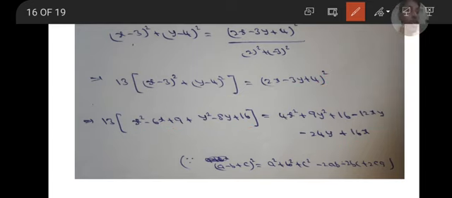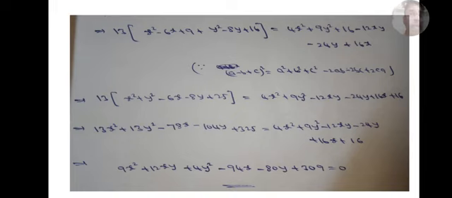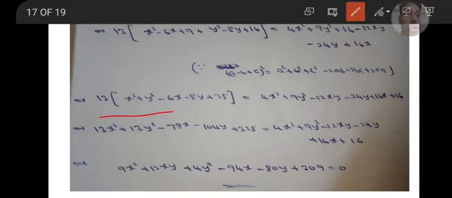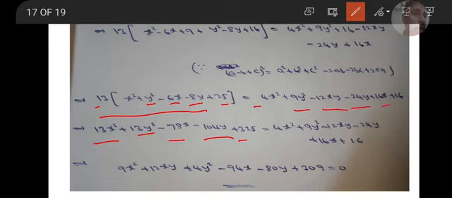So for simplification, multiply the LHS with 13: 13x² + 13y², 13 × 6 is 78x, 13 × 8 is 104y, 13 × 25 is 325. And the RHS is 4x² + 9y² − 12xy − 24y + 16x + 16.